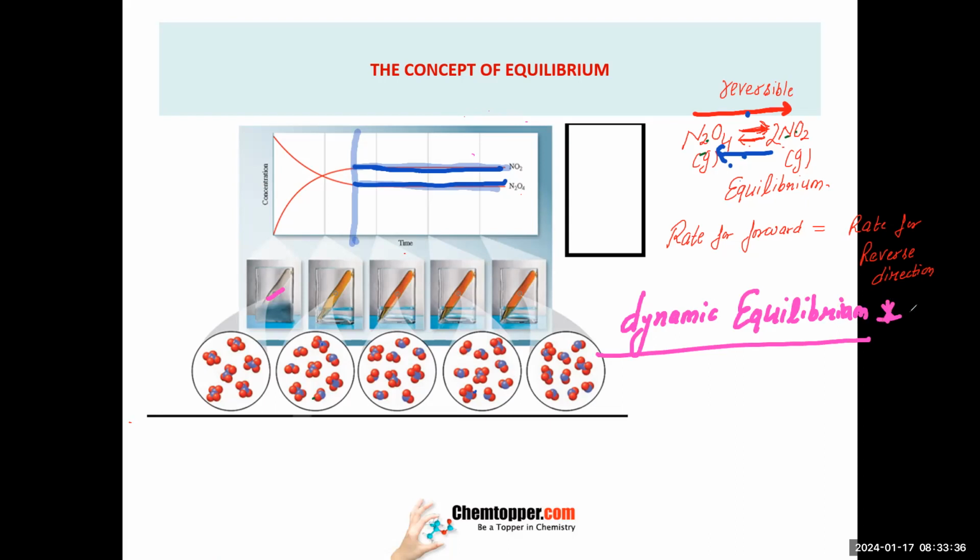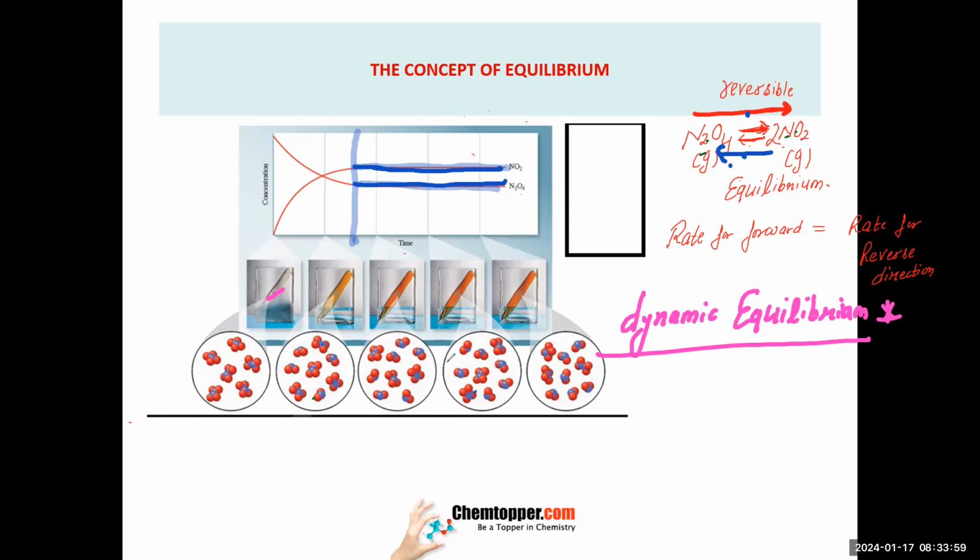They keep adjusting themselves. Reaction going in the forward direction, immediately the same amount of the product will get converted into reactant. Reactant to product, product to reactant. That is dynamic state. Dynamic means it's a changing state, going in the forward direction and the reverse direction. It is not static.